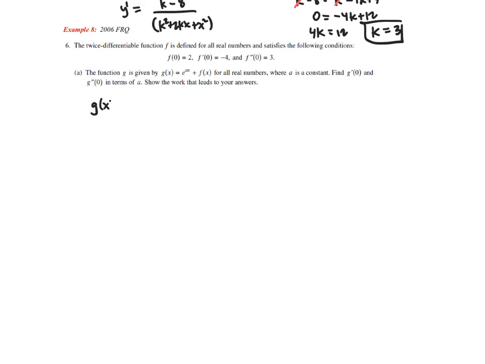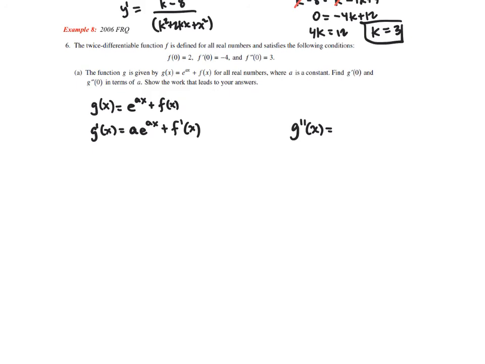So let me copy g of x down here. That's e to the ax plus f of x. So g prime of x will equal a e to the ax plus f prime of x. All right, now I'm going to work with that in just a moment to find g prime at 0, but I'm going to write g double prime of x over here.